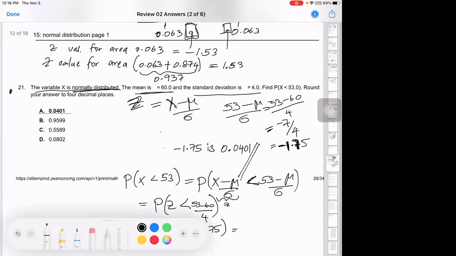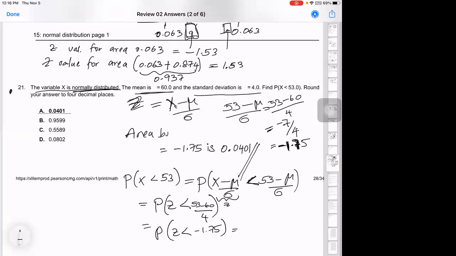Area belongs to Z value equals negative 1.75 is, oh, it's given. I have already written it here. The area that belongs to Z negative 1.75 is this much.